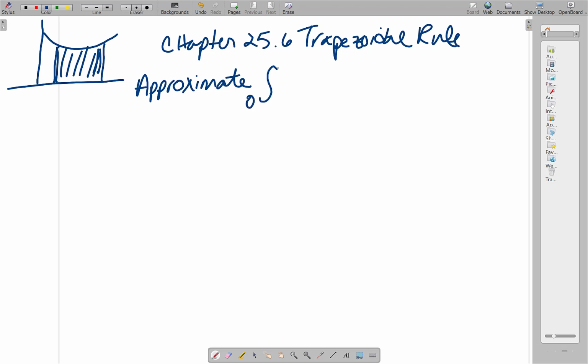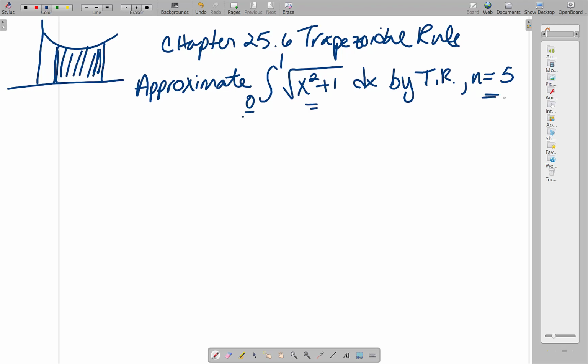Approximate the area under the curve from 0 to 1 of the function the square root of x squared plus 1 dx by the trapezoidal rule, and n equals 5. So you have to be given some values here. You have to be given a lower limit, an upper limit, a function, and an n to be able to do the trapezoidal rule.